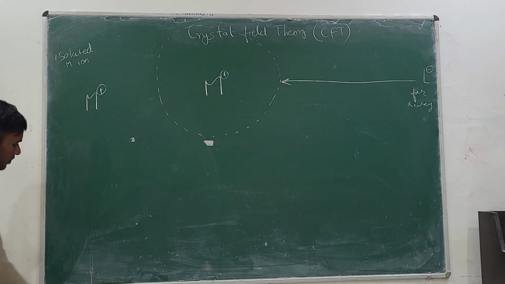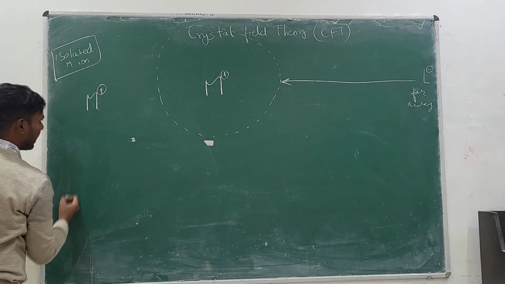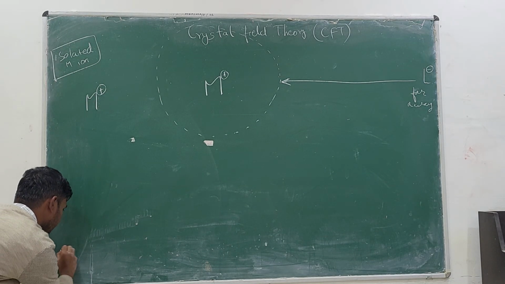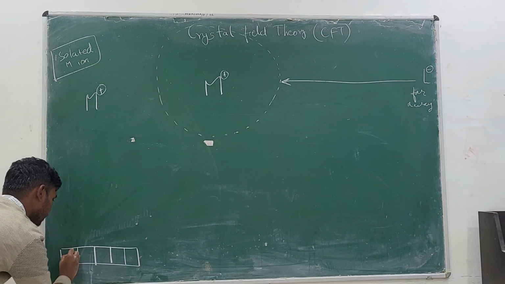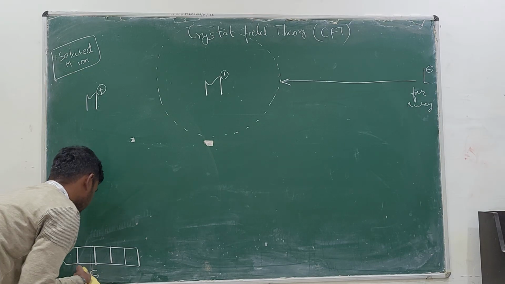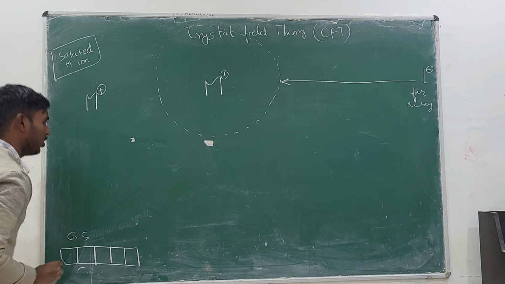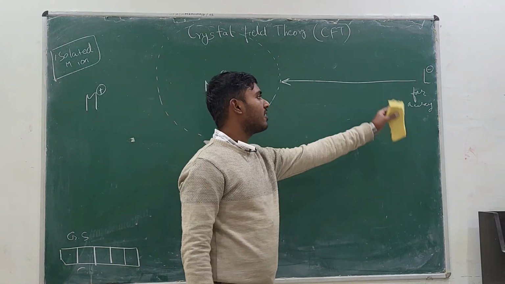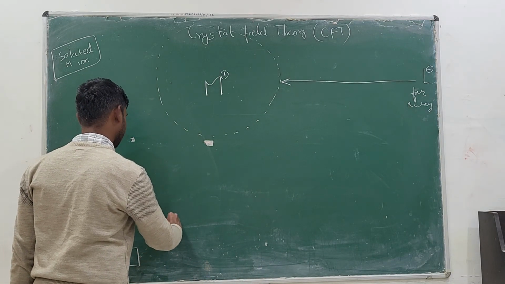So for the reference, I will say that this is our isolated metal ion. In this case, our d orbitals are in the ground state. Whenever ligands are far away from the metal atom, it experiences the uniform crystal field.